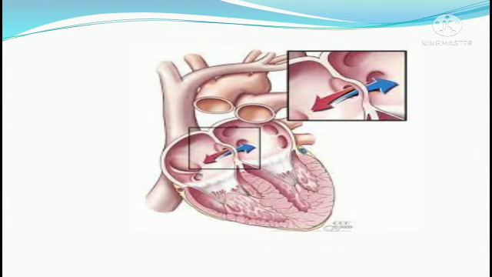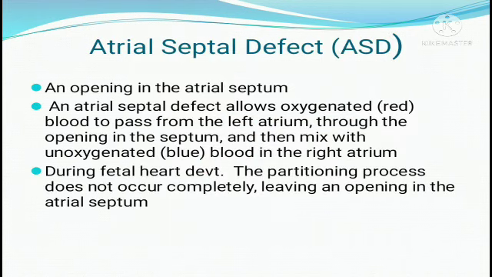So ASD is an opening that is present between the right atrium and the left atrium. So atrial septal defect is an opening that is present in the atrial septum.